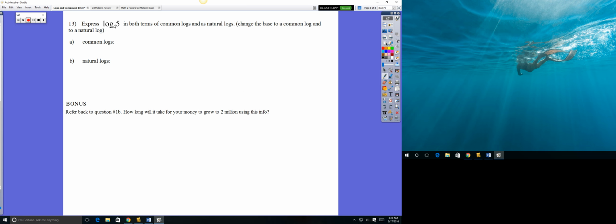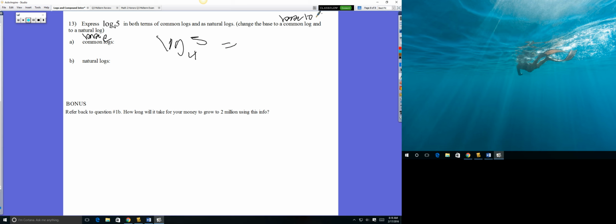Number 13. You got log in base 4 of 5. Change it to a common log that is base 10 and change it to a natural log that is base e. So log base 4 of 5. Let's change the base 4 to base 10.